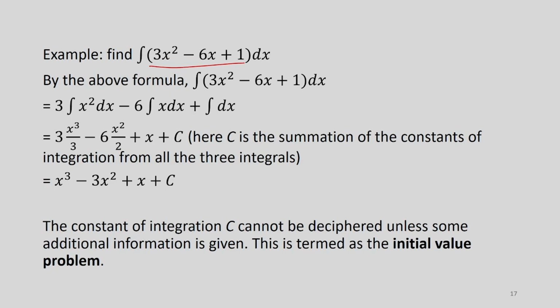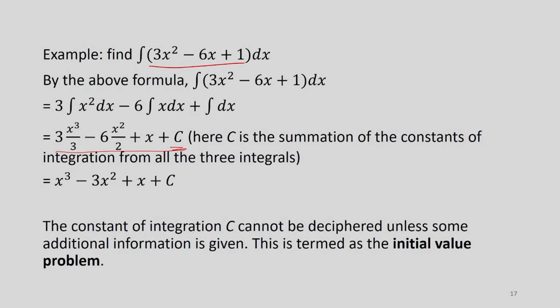So, 3 multiplied by integration of x square dx, because 3 will come out, minus 6 multiplied by integration of x dx, because minus 6 is coming out, plus just integration of dx. And from here I get this expression 3 multiplied by x cube divided by 3 minus 6 x square divided by 2 plus x plus the constant term c.